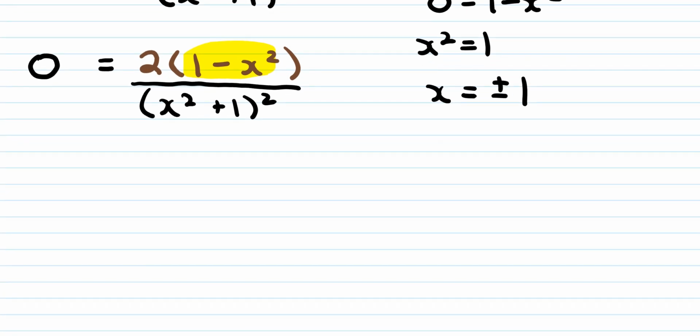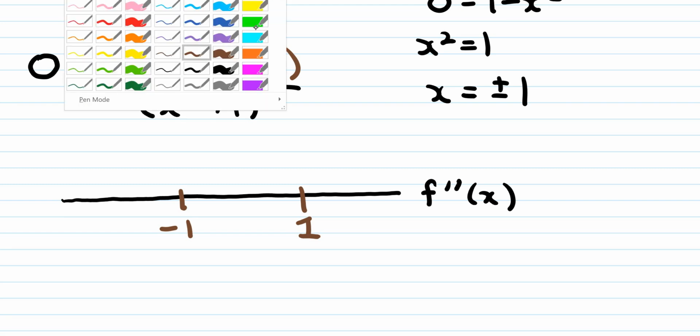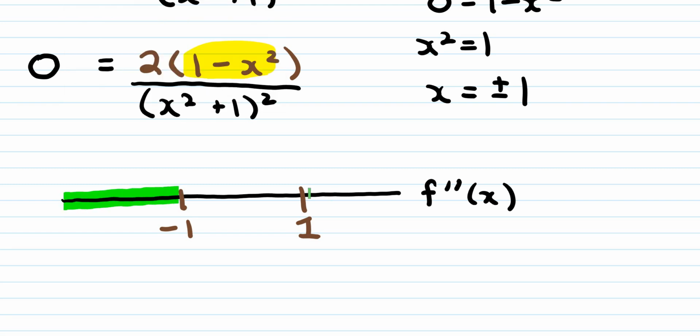Okay, so that's really important, because when you're looking for your inflection points, you want to set up your second derivative number line here. And you want to put your x values on that number line, which are -1 and +1. And now you want to test 3 regions here, right? So there are 2 green regions and 1 blue region. This is always going to take a little bit of work when you're testing the regions.